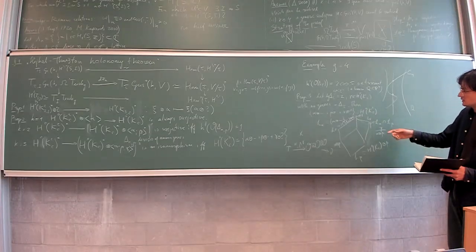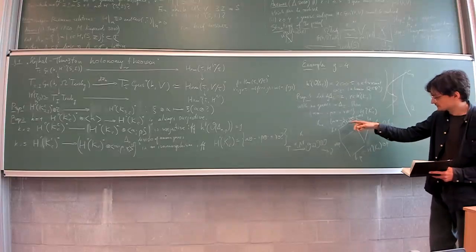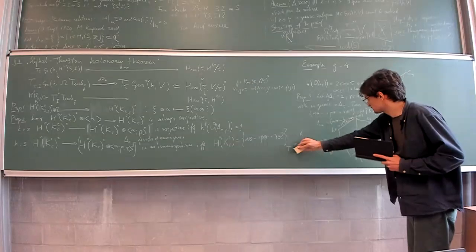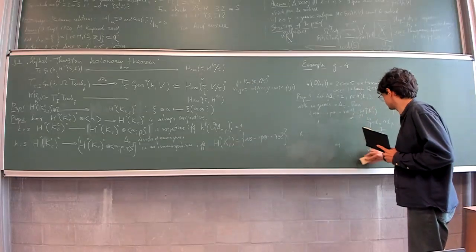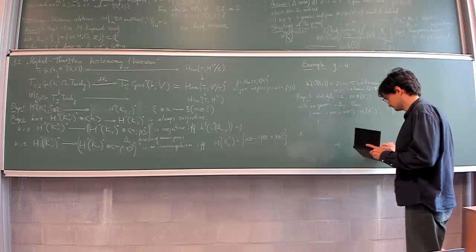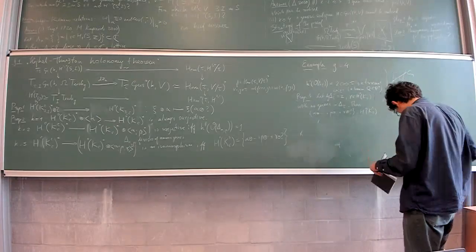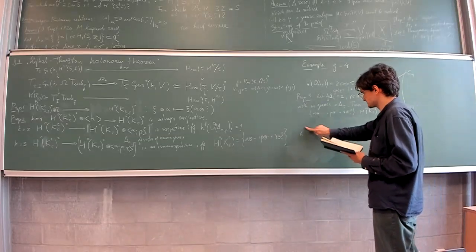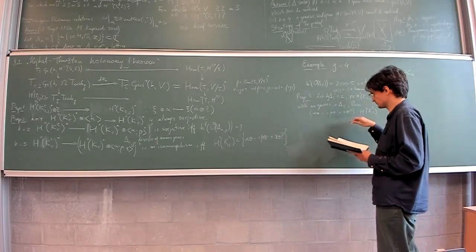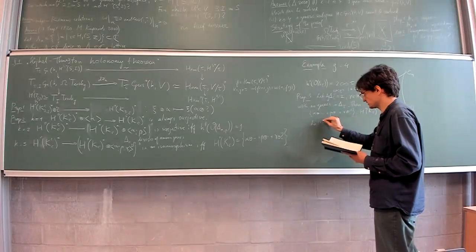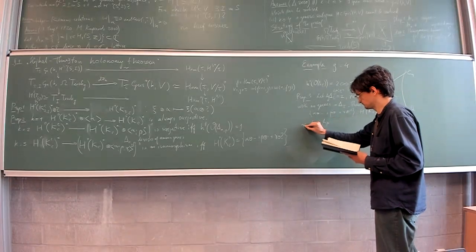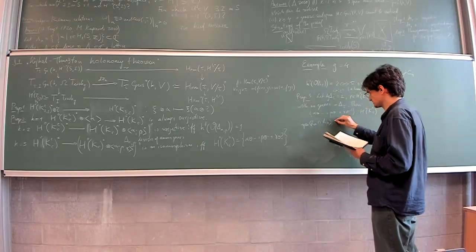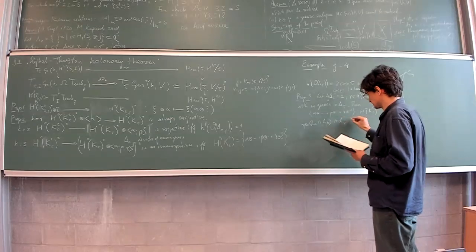So let me finish with proving this. Suppose there is some kernel of this map, so that the span of L alpha and L beta has some intersection with L gamma.